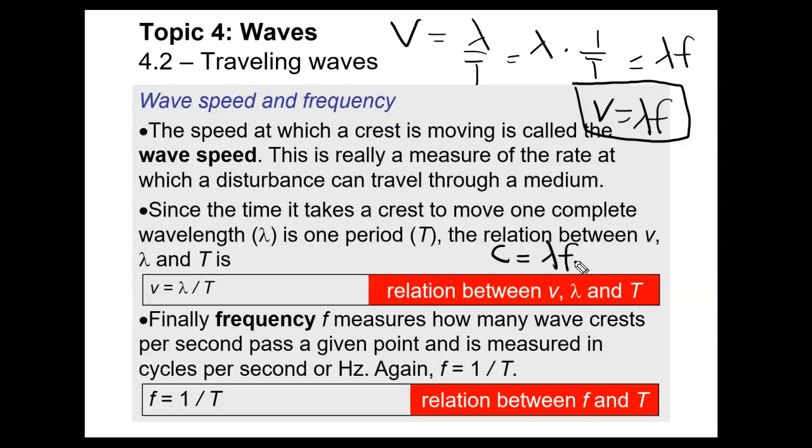So this equation of course applies for an electromagnetic wave, but really the more general equation is this one up here, because this is for any old wave. If you're talking about an electromagnetic wave and the speed just happens to be c, then you could put in c there. So this is what you'll see in the data booklet, but this is really how you need to think about the wave equation: v equals lambda times f.